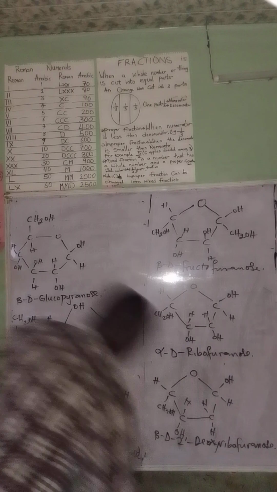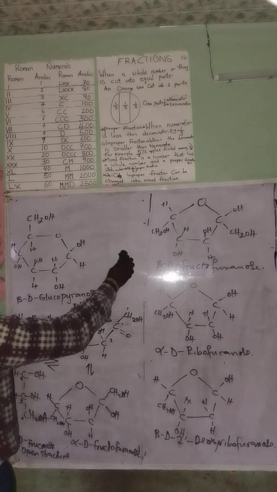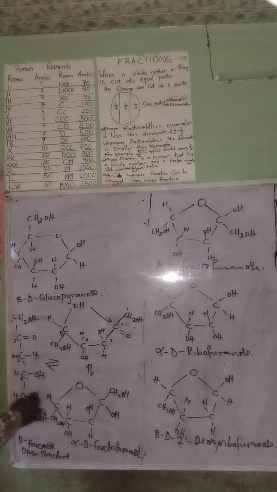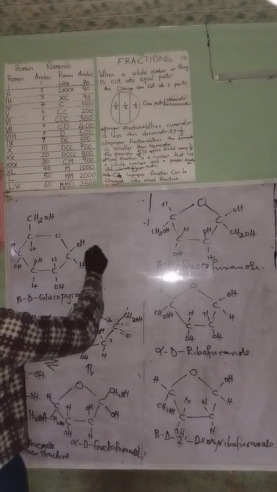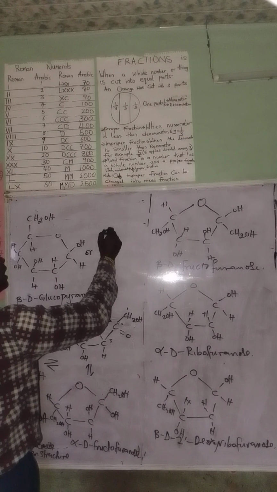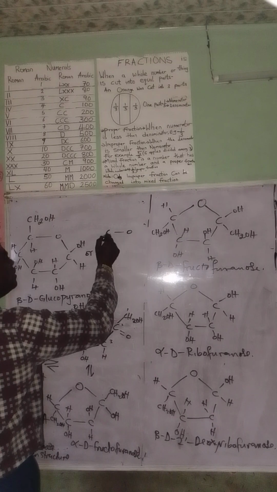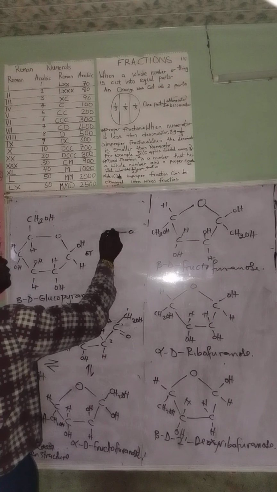Now, another thing to tell you here is that all this structure, you can also have them as bond line notation. Bond line notation can also give us something like this. You can also have something like this.